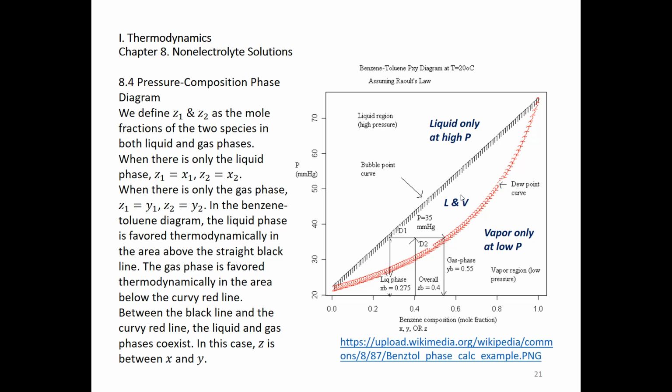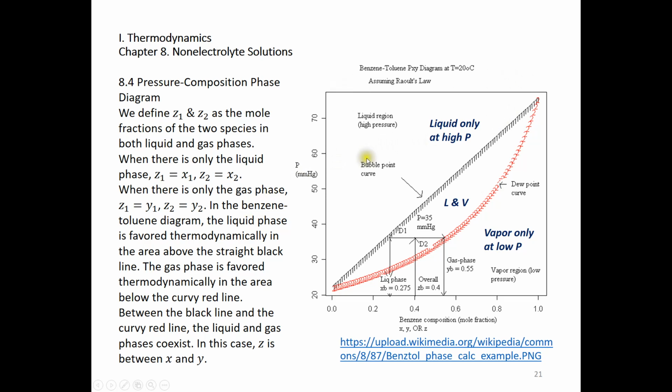And then you can get a mole fraction for benzene, which is the number of moles of benzene in gas phase plus the number of moles of benzene in the liquid phase, divided by the total number of moles of both components in both phases. And that's the definition of Z.